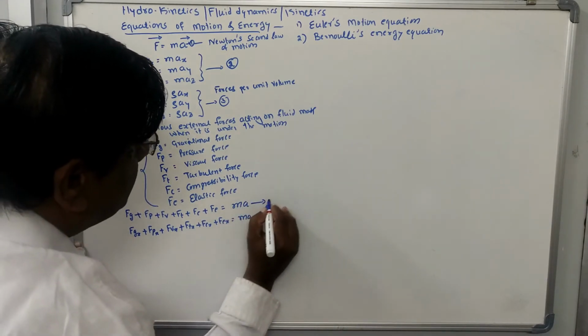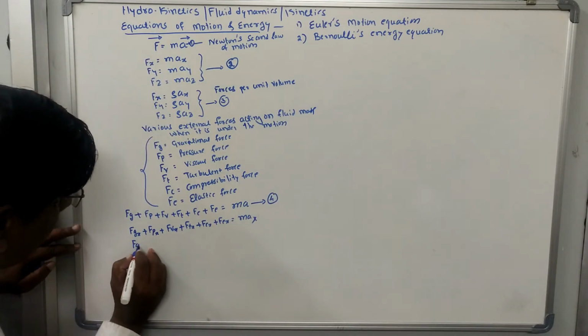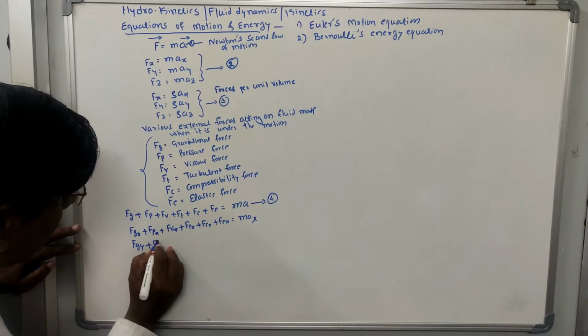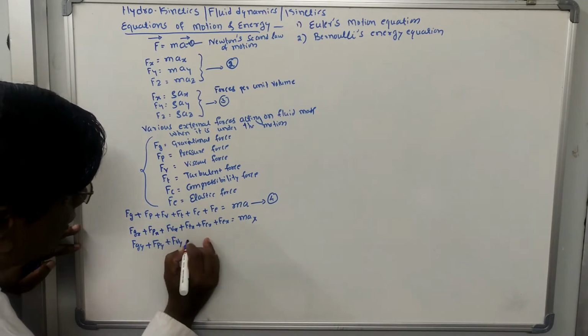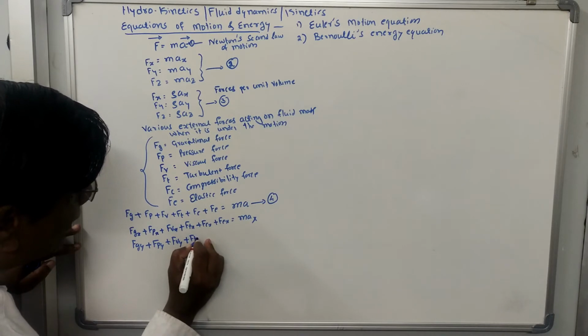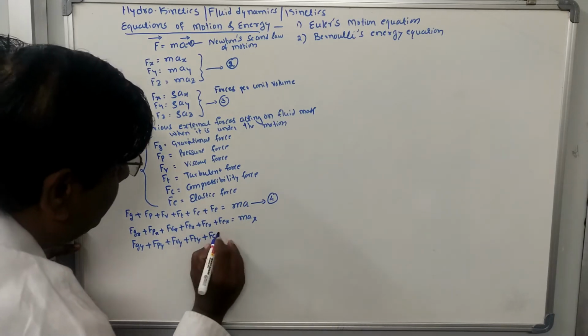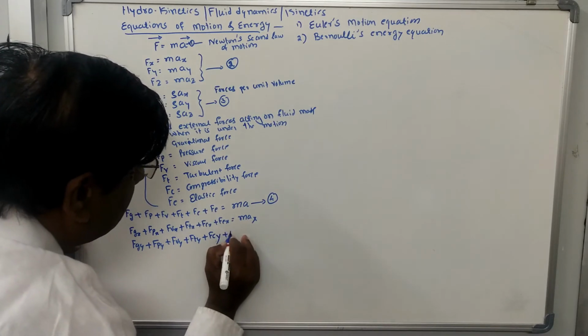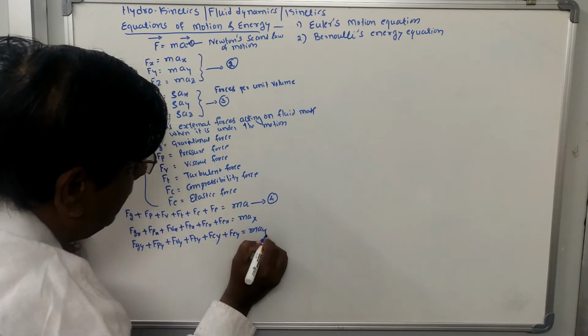You can call this equation 4. Then similarly, you have F_Gy plus F_Py plus F_Vy plus F_Ty plus F_Cy plus F_Ey is equal to M a_y.